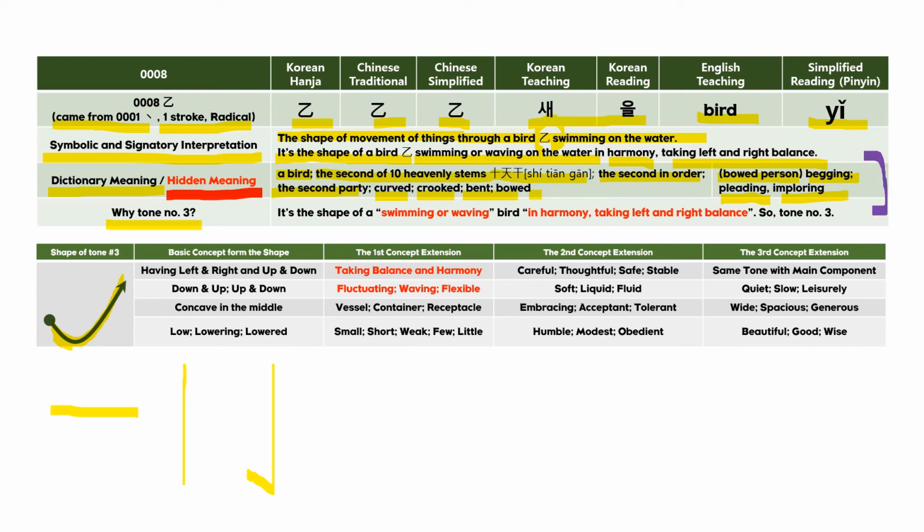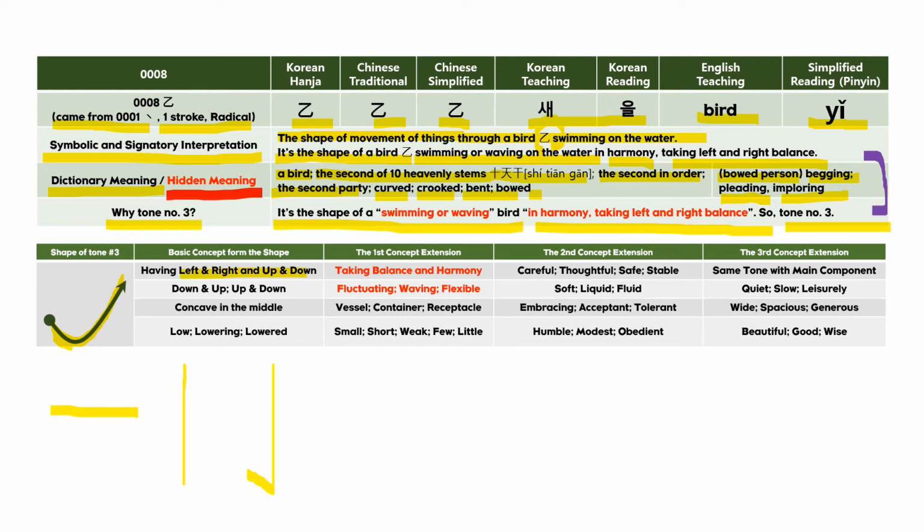Okay? And the next issue for Chinese character learners, why this character bird has the specific tone number 3. Because it's the shape of a swimming or waving bird in harmony, taking left and right balance. So tone number 3.